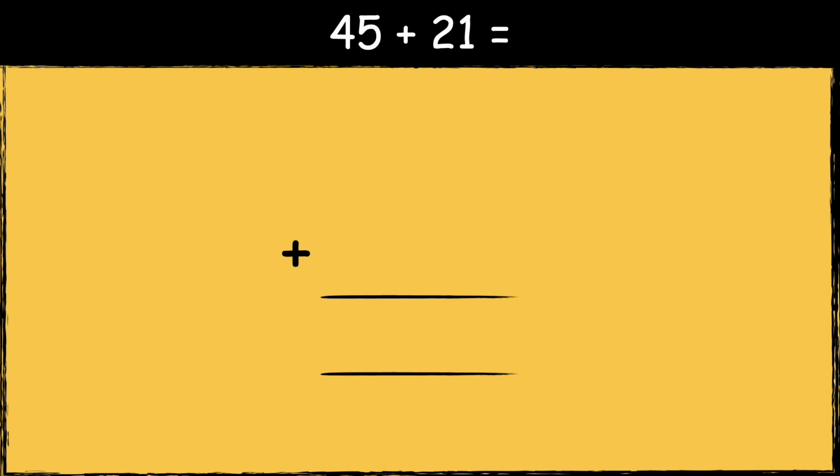Here's the next example. 45 add 21. Remember to line the numbers up correctly. So we have 45 and 21. So now we're ready to add the digits in each column.